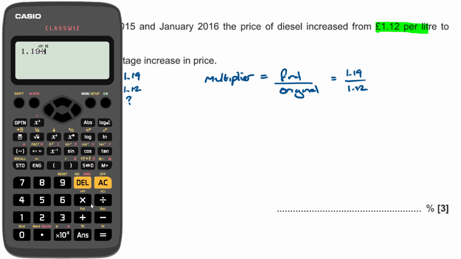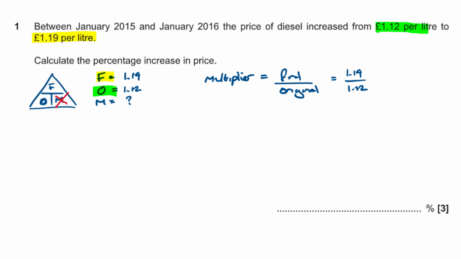£1.19 divided by £1.12. That comes out to be 17/16 or 1.0625. Okay, now that's a decimal. To convert it into a percentage, you need to times by 100 or shift the decimal point 2 places along, so that's 106.25%.